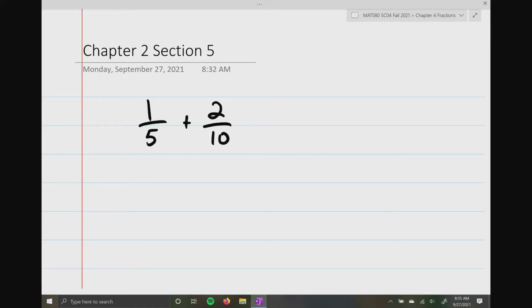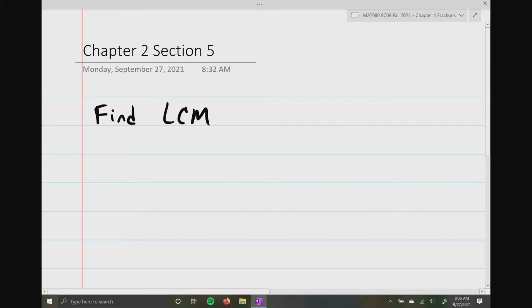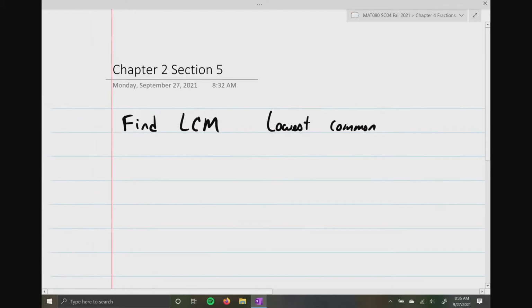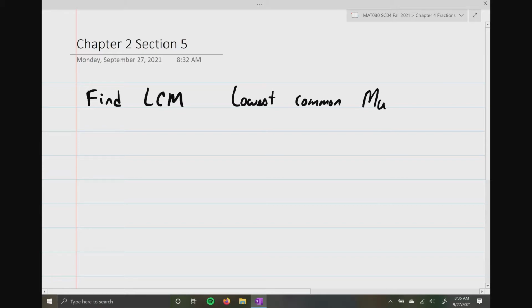So in order to do this, we're going to learn how to find an LCM, which stands for lowest common multiple. Now, the idea behind a lowest common multiple would be something like this.